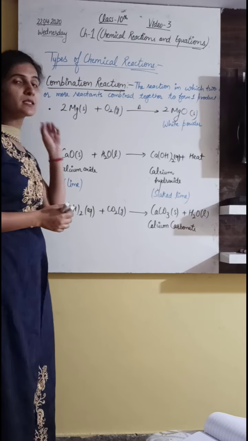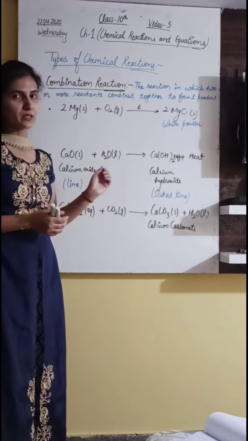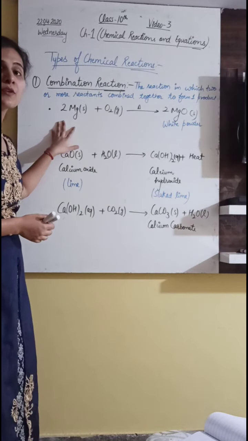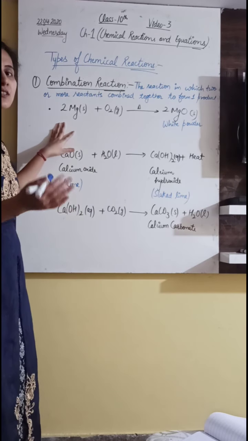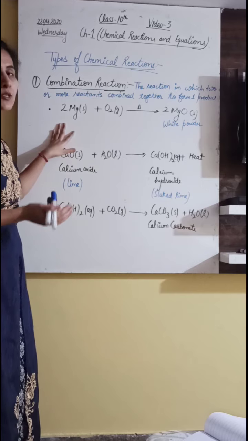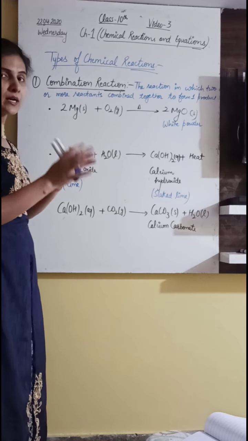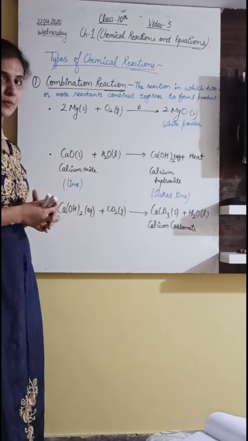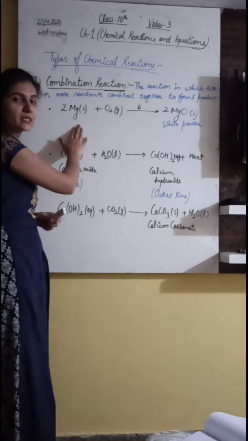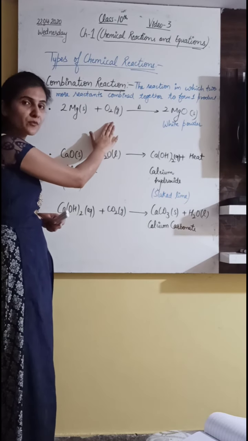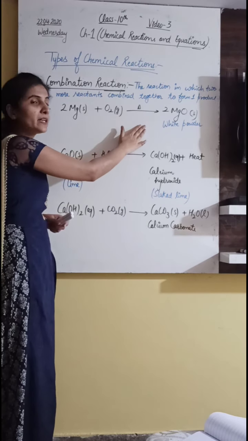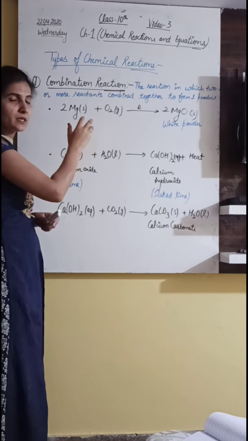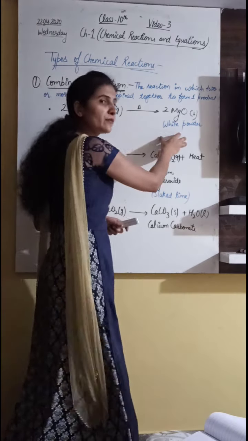So here I have 2 examples regarding the combination reaction. The first reaction we have just done, and I had shown it in the video also. So do you remember how the reaction took place? When we burn this magnesium ribbon in the presence of air, when we provide heat to this magnesium ribbon, then magnesium oxide will form.